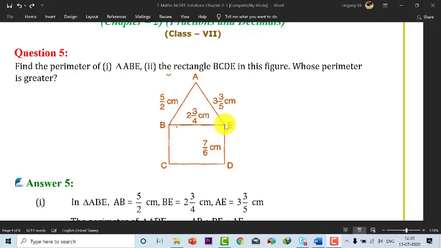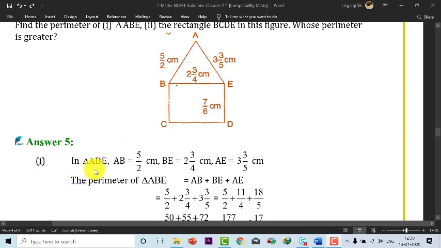First we find the perimeter of the triangle. In triangle ABE, AB, its length is given 5/2 centimeter, and then BE, its length is given 2 3/4 centimeter, and next AE, its length is given 3 3/5 centimeter. So we know the formula.